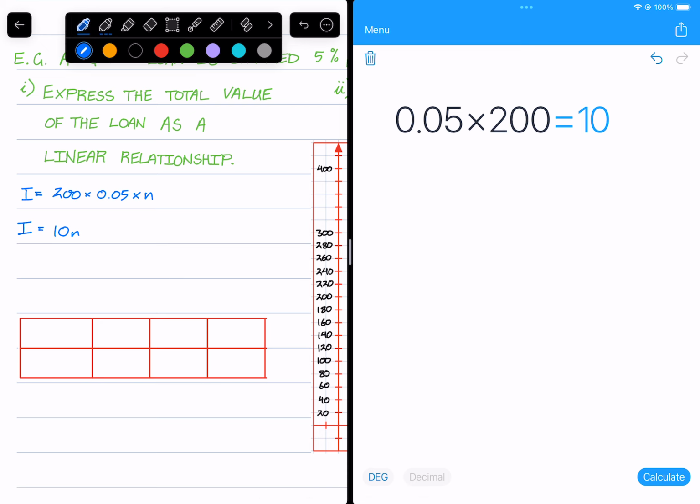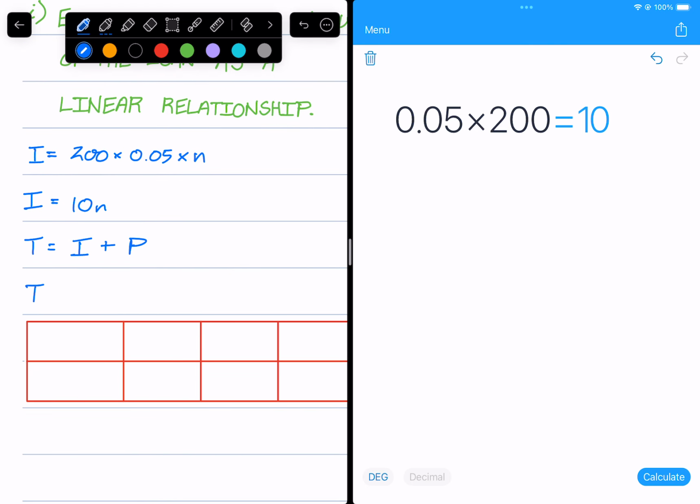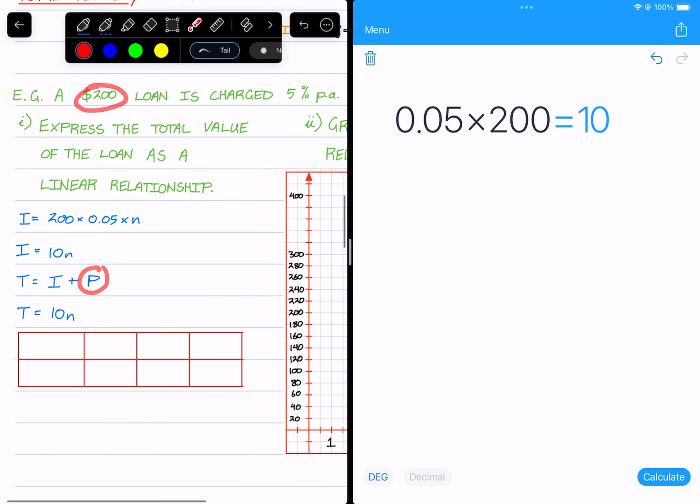If we now want to find the total amount, we need to find the interest plus the principal, in which case the interest we know to be I equals 10n, because this calculates the interest per year, and the principal amount was 200.